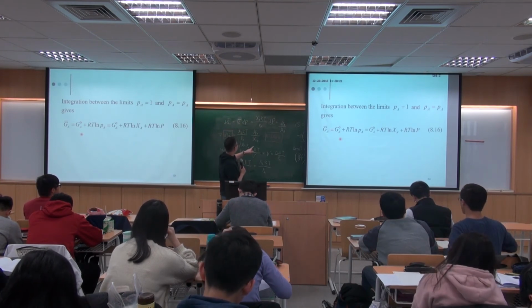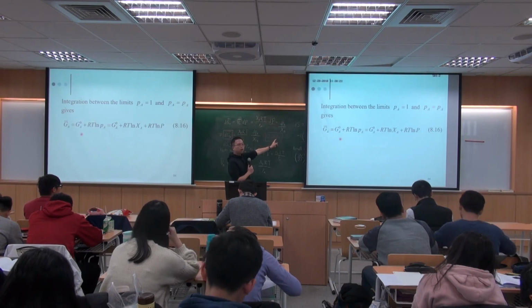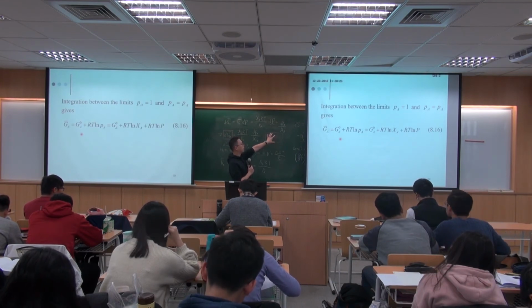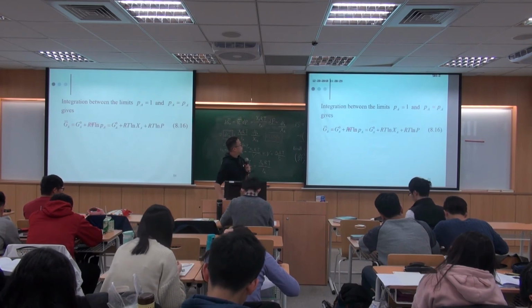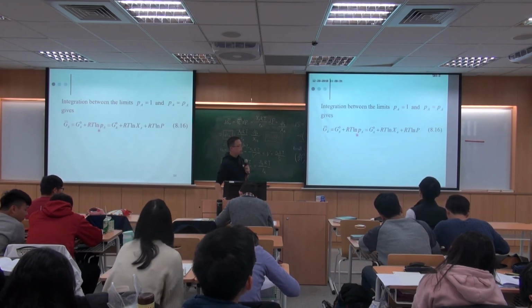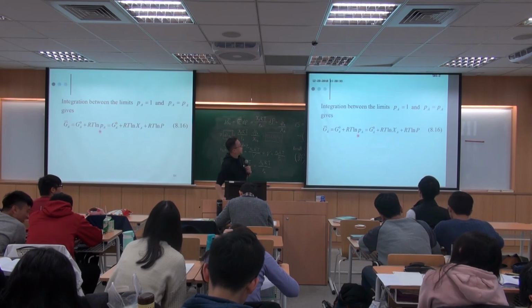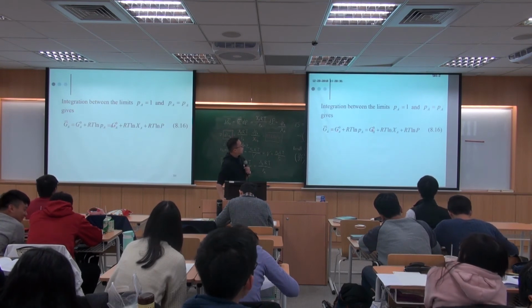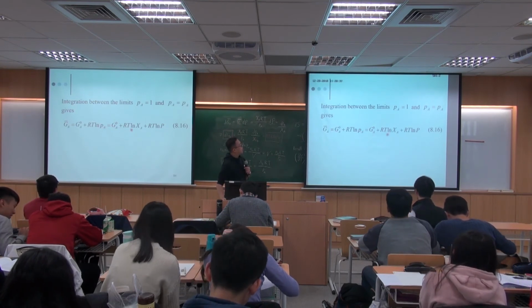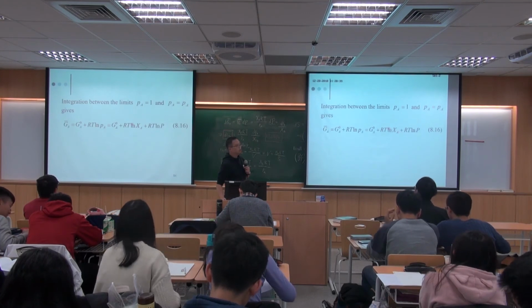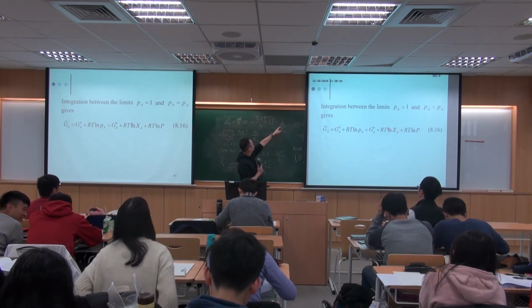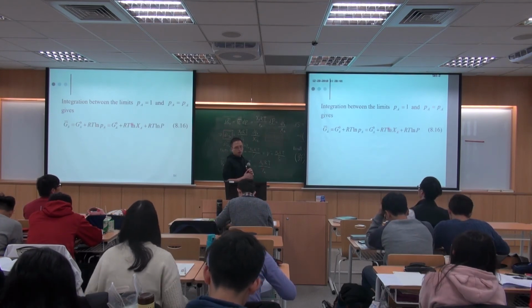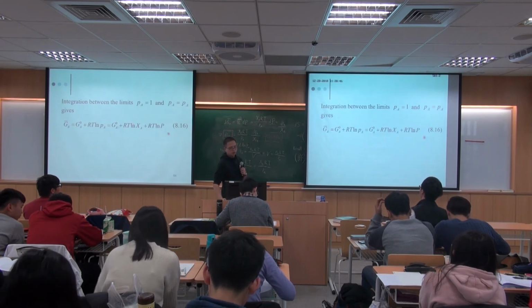And if you plug in 1 over here, this is 0. So you're left with just RT log pA, the final pressure. And we know that pA can also be decomposed into these two terms, XA and P. So you can also write it as these two terms.